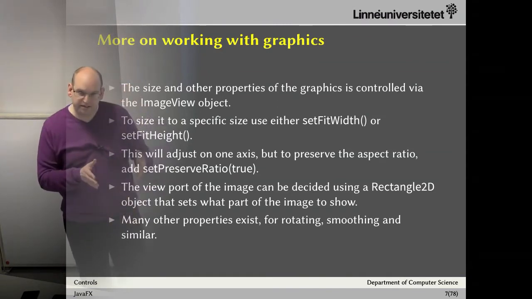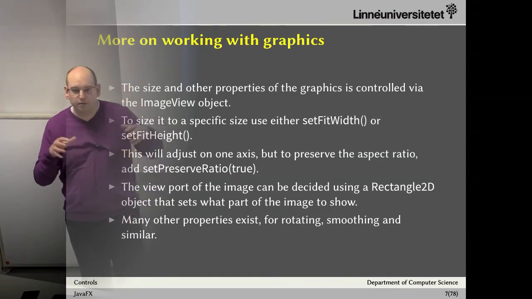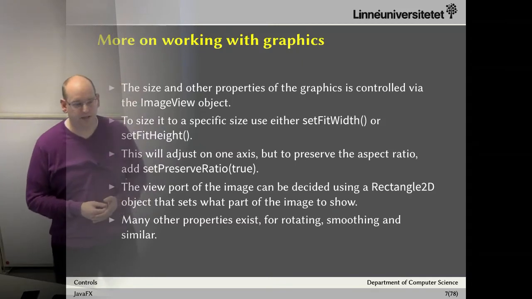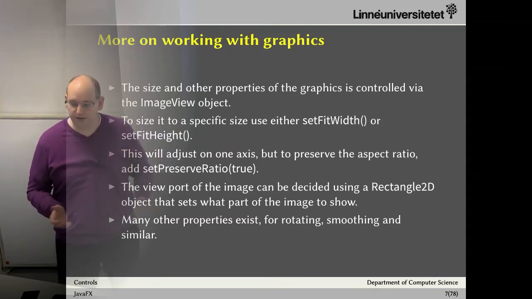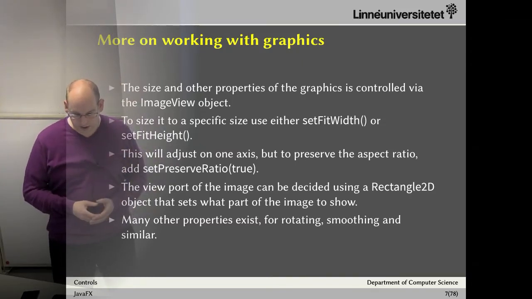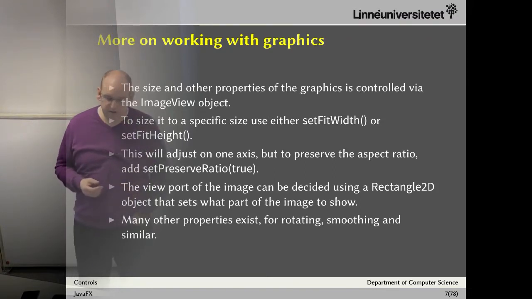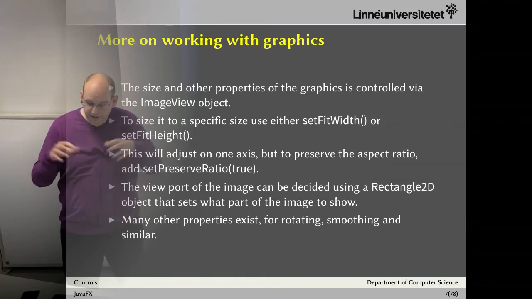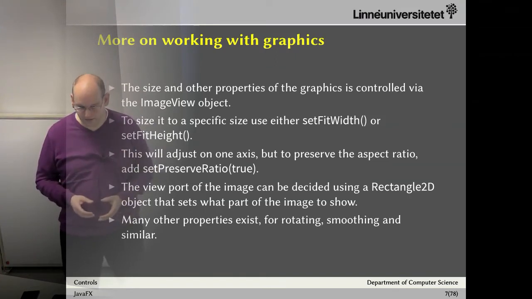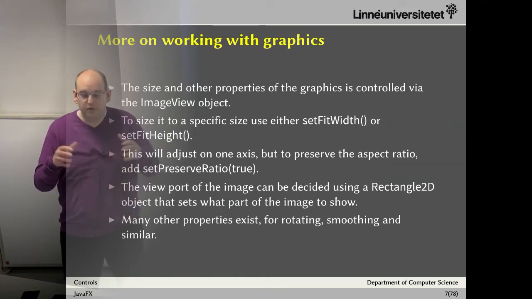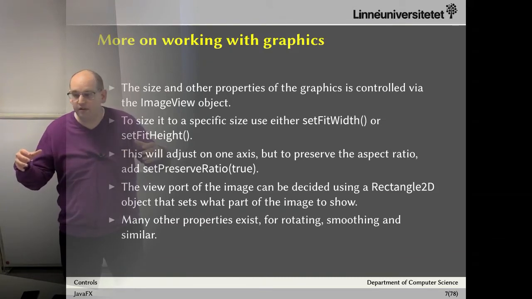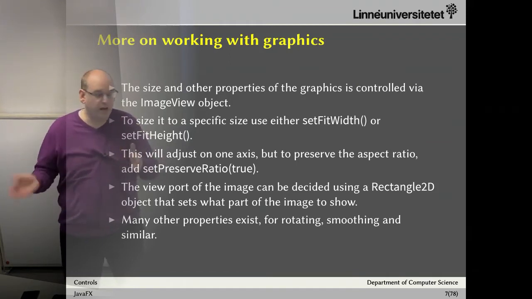But as I said, it is possible to actually work a bit on the image, or rather on the image view. Using the image view, we can set the width and the height to specific sizes. We can adjust just one of these axes, and then we can set preserve ratio true, and then we will have the ratio preserved, and so on.